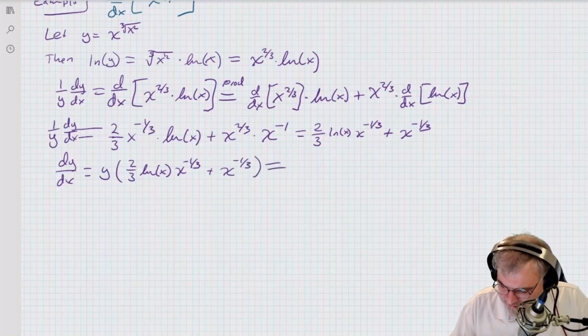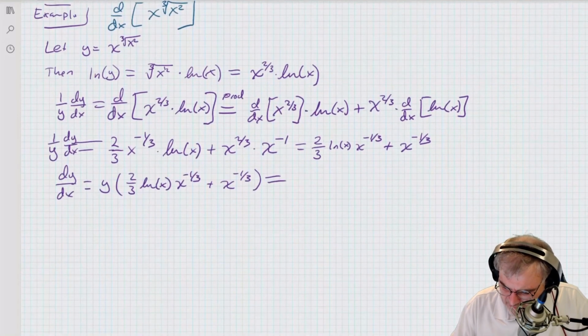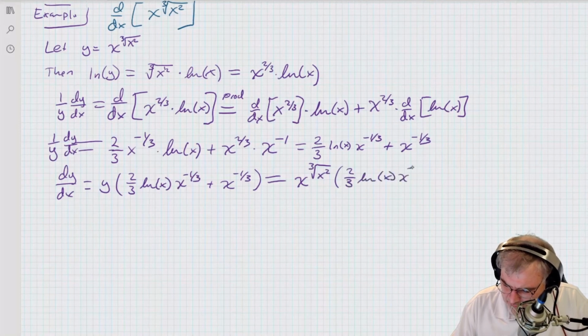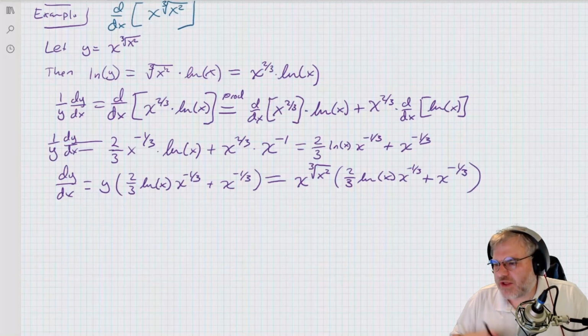And then I sub back in my y, which was x to the cube root of x squared, times the quantity 2 over 3 ln of x times x to the negative 1 over 3 plus x to the negative 1 over 3. And there's my answer. So 1 to 5, how do we feel about this one with all this crappy algebra?